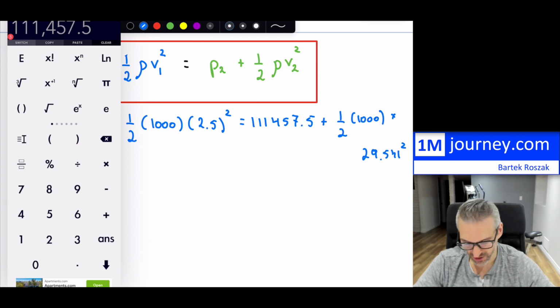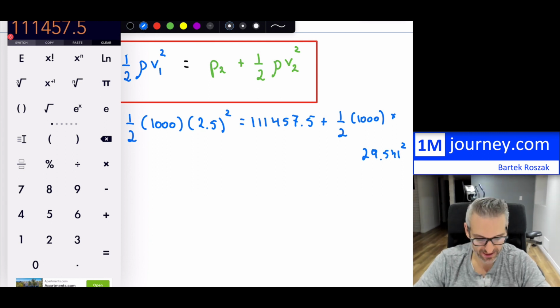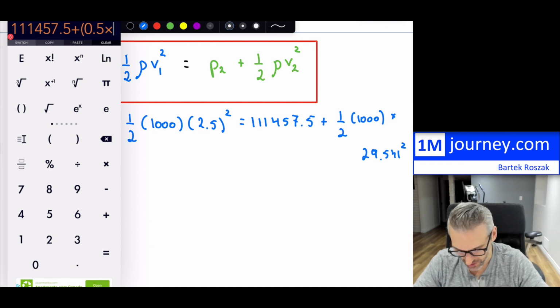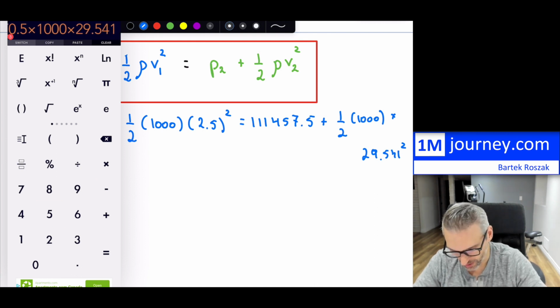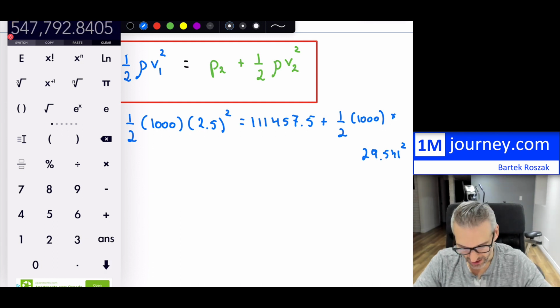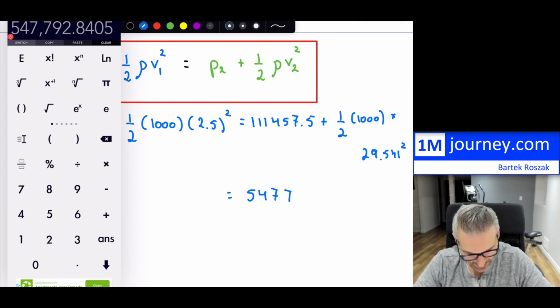So let's do that. Since I already have the right-hand side pressure on my calculator, I'll do this calculation: plus 0.5, which is the half, times 1000, multiplied by 29.541 squared. Close it. So that's my right-hand side. It's quite a lot: 547,792.84, and so on.